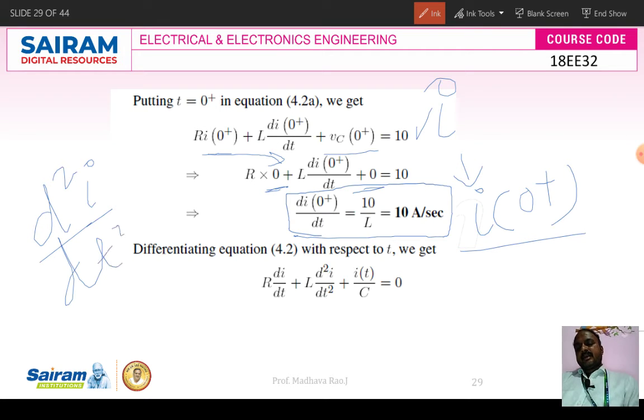d square i of 0 plus by dt square, what will be the value?